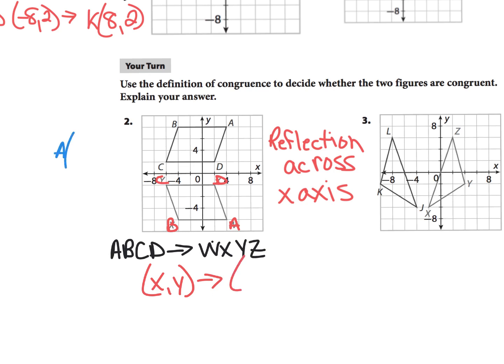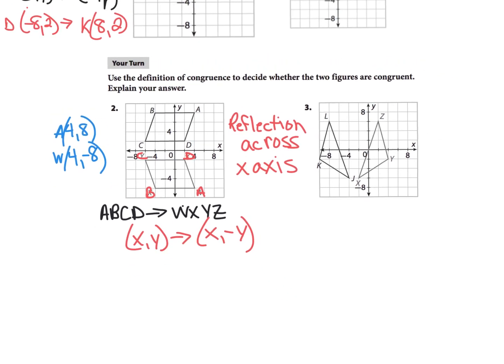A is at 4, 8. And W is at 4, -8. So my rule is going to be x, opposite y.